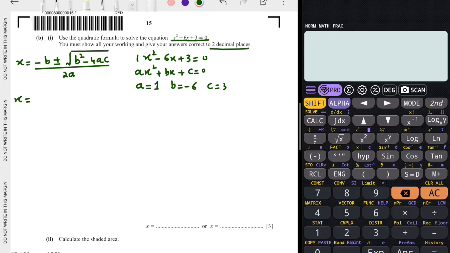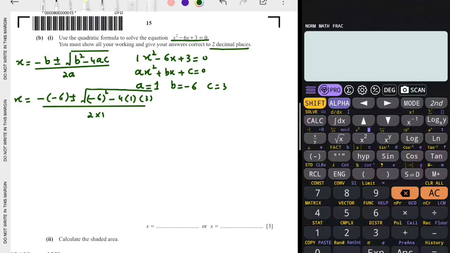So x is equal to minus minus 6, plus minus under root square of b, that is minus 6, minus 4 into a, that is 1, and into c, that is 3, divided by 2a, that is 2 times 1.